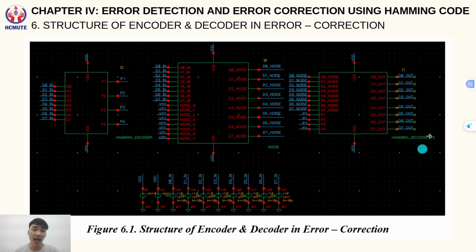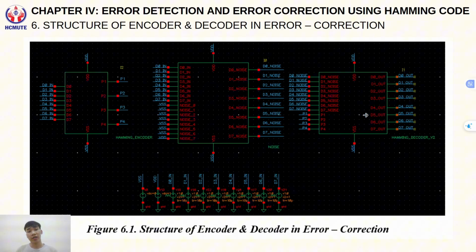And the last module is the Hamming decoder. It receives 12 bits from the channel and recalculates parity bits, generating a 4-bit syndrome to identify the error location. If no error is found, the data passes through unchanged. But if a single bit error occurs within the 8 data bits, the circuit automatically corrects that bit.